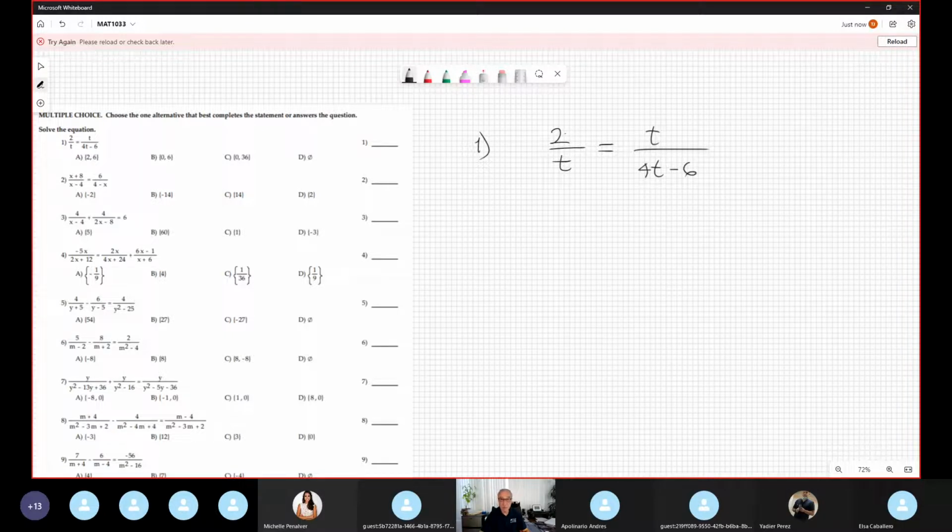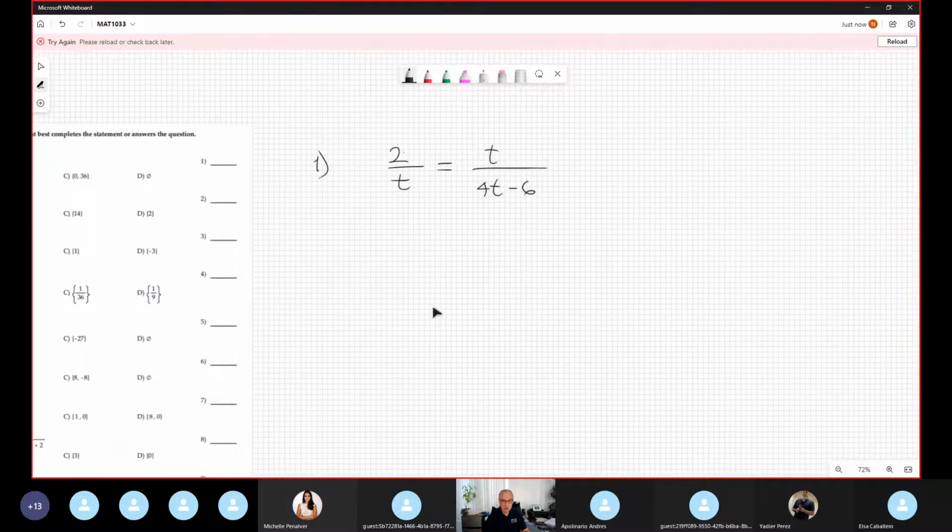But be careful. First of all, the systematic way is to factor the expression in the bottom, in the denominator. In this case no, but in this case yes. The greatest common factor is 2, so 2 times (2t minus 3). Now, this way or that way. So now I find the LCD, and the LCD is everything together: t, 2, and 2t minus 3.